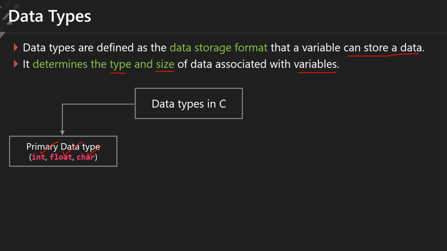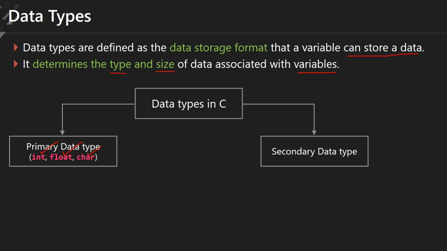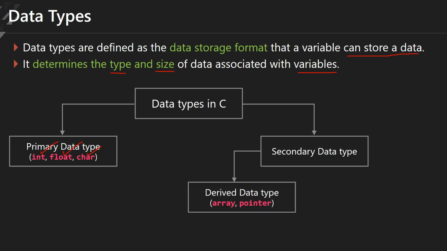Another category is secondary data types. Secondary data types are further divided into two types. The first type is derived data types, which are array and pointer. The array and pointer are the two data types that generally come under secondary data types.